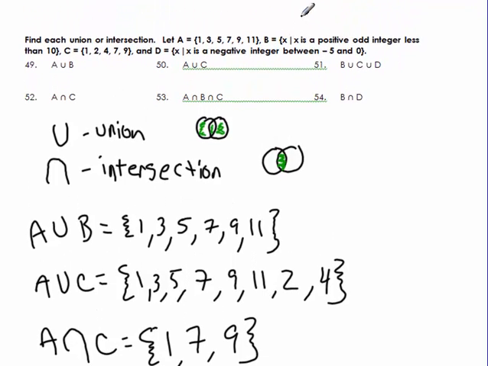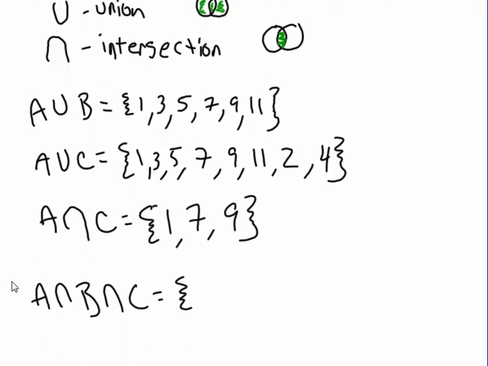All right, so B again is the positive odd integer less than 10. So that's 1, 3, 5, 7, and 9. Well, 1, 3, 5, 7, and 9 are already contained in A. So then all I have to really worry about is the intersection of A and C. Whoa, that was a giant mathematical leap there, Mr. Stevens.